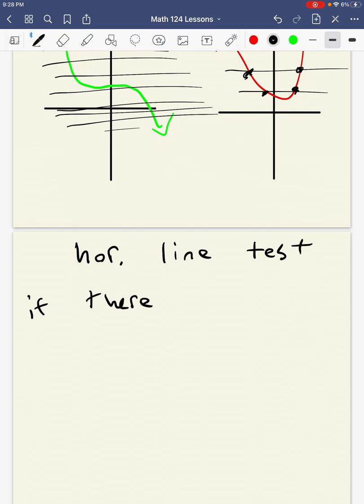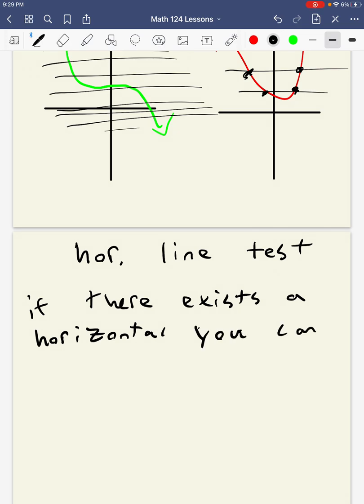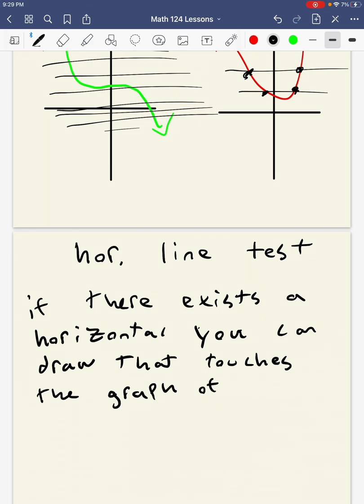If there exists a horizontal line you can draw on the graph that intersects or touches the graph of a function more than once, then the function is not 1 to 1.